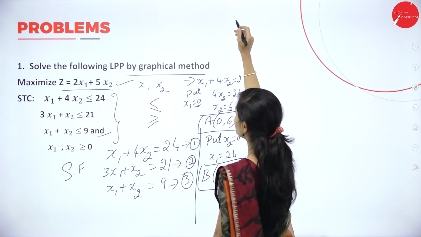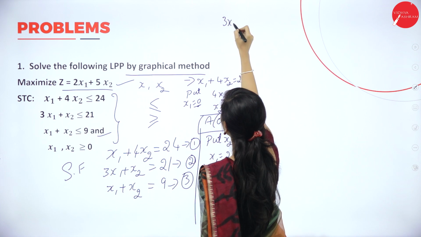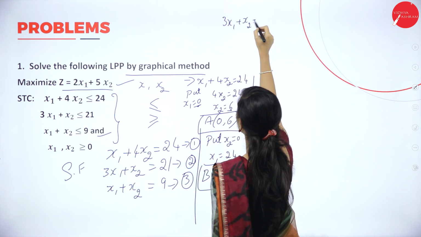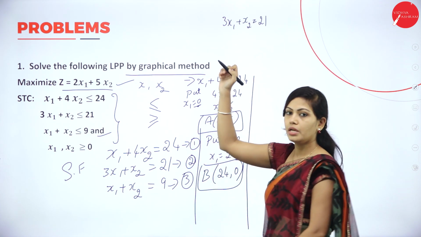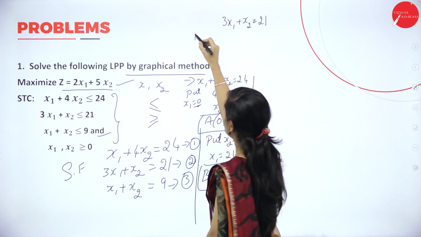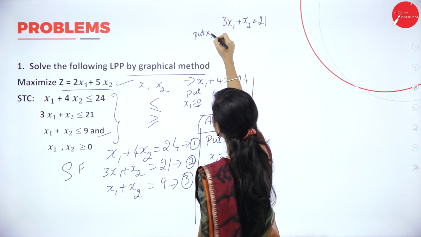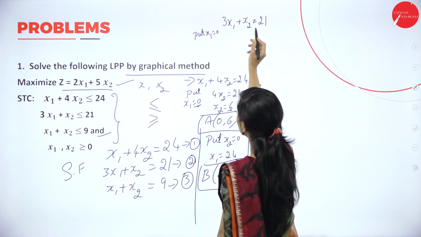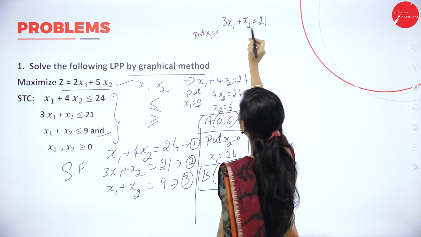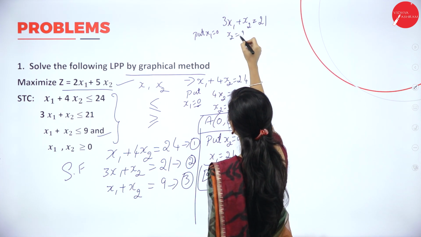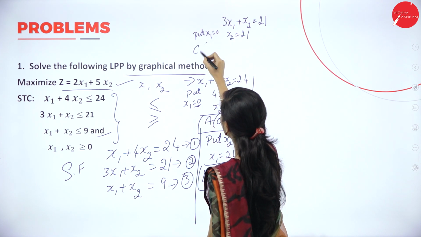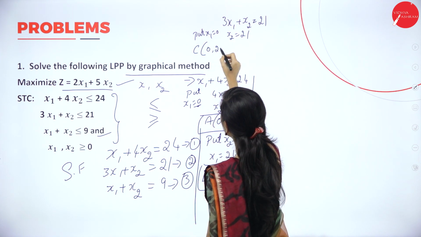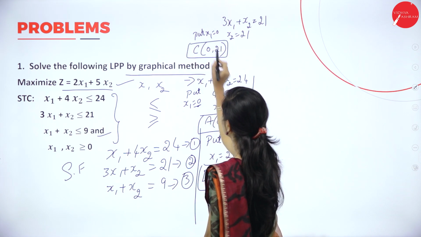The second equation is 3x1 plus x2 is equal to 21. First put x1 is equal to 0. If x1 is equal to 0, 3 into 0 is 0, so x2 is equal to 21. The third point is C of 0 comma 21.